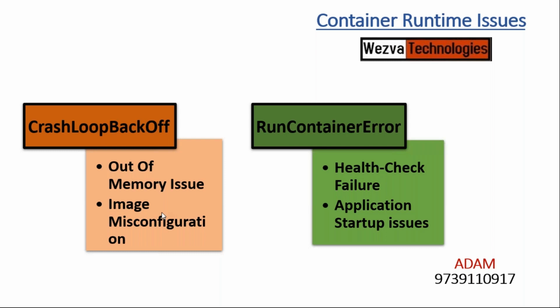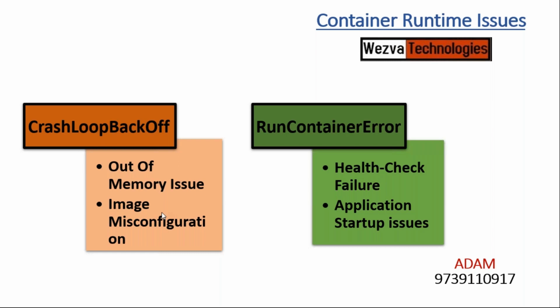Or there could be another way: your application is running, but while it is running, suddenly there is not enough memory within the pod to allow the application to run in the container. Even in that case, the container will get stopped, because the application inside your container does not have sufficient memory.